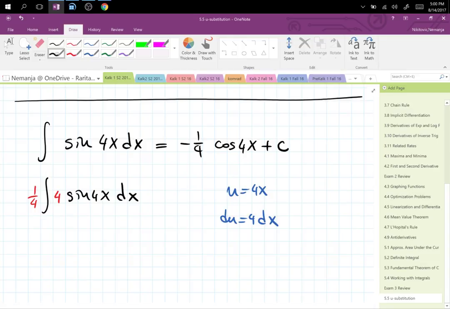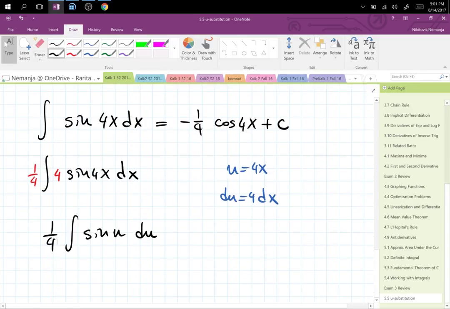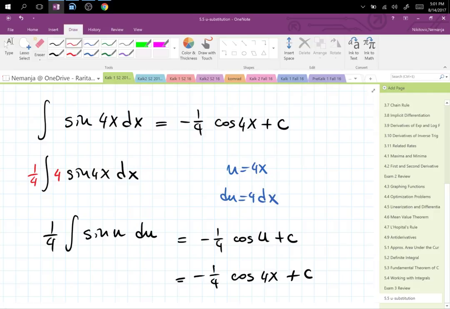And now it becomes 1/4 integral of sine u du. So 4 dx is du. Now simply integrate: negative 1/4 cosine u plus c, and then we say, I don't care about u, I care about x, which means you put negative 1/4 cosine 4x plus c, and there's the answer.